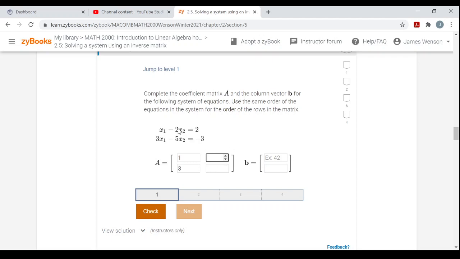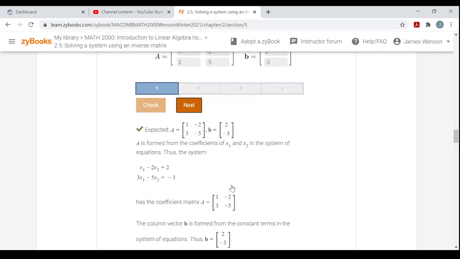Down the second column, the coefficients of x2, negative 2 and negative 5. And then over here, what would be the constants? You'd have your variable matrix, x1, x2, and then the B would be the constants, 2 and negative 3. And that's that simple for that one.